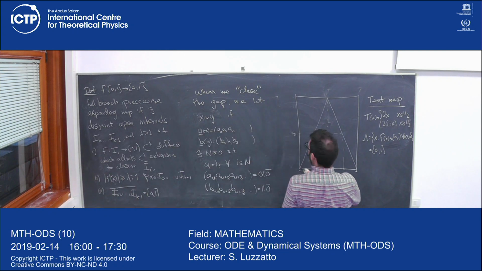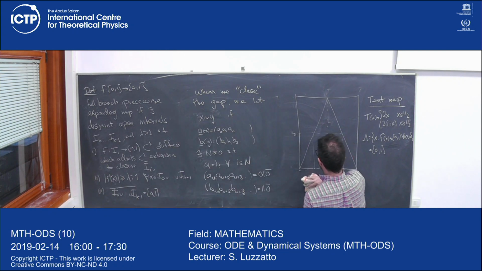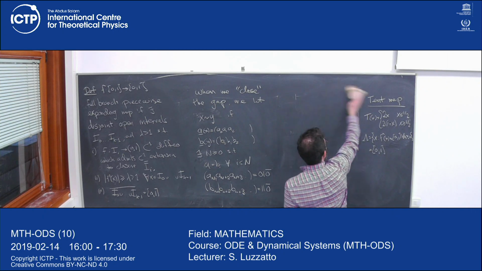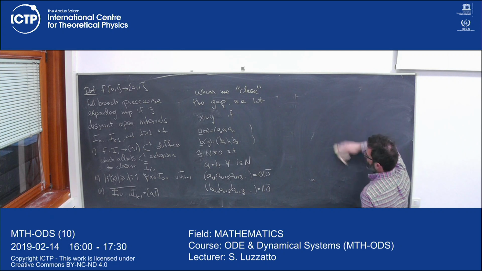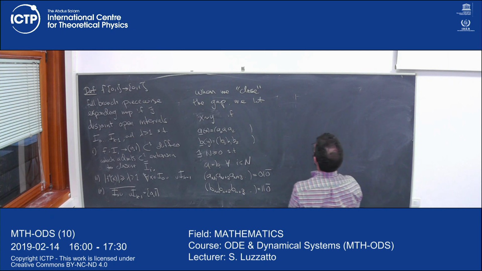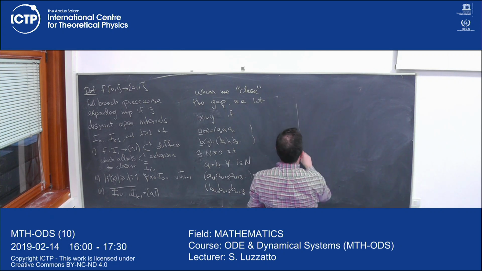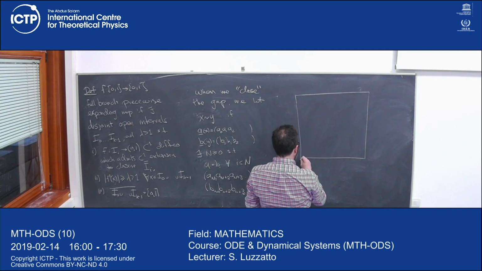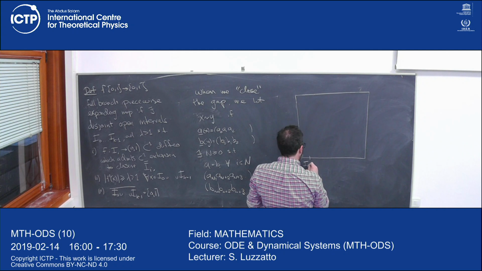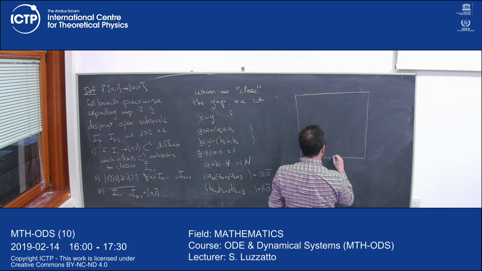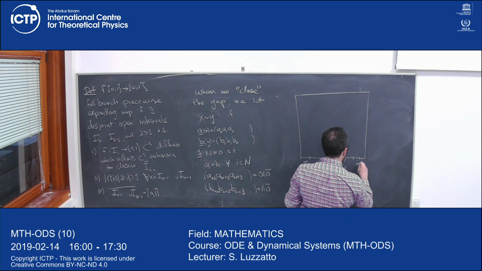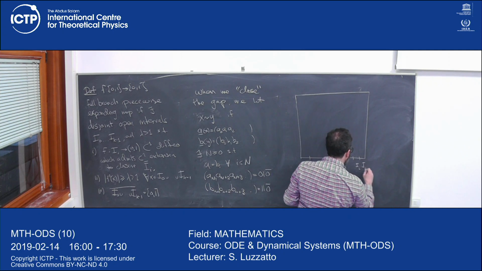So what I've described here is just a generalization of this. Okay, maybe let me draw the general picture. We have I0, I1, I2, I3, I4.